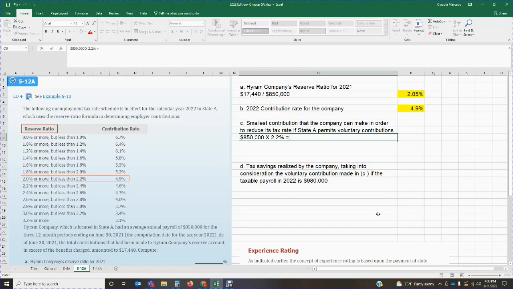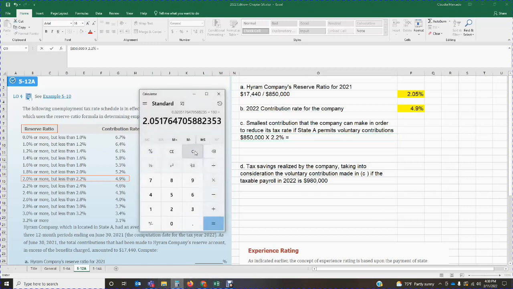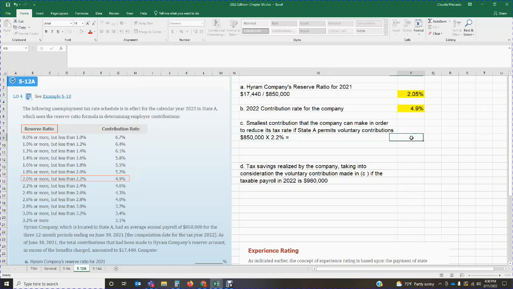Let's see. Let me get my calculator. 850,000 times 2.2% gives me $18,700. Okay, so I'm going to get the 18,700. Let me put here a little description: this is the balance needed to qualify for the 4.6% rate.